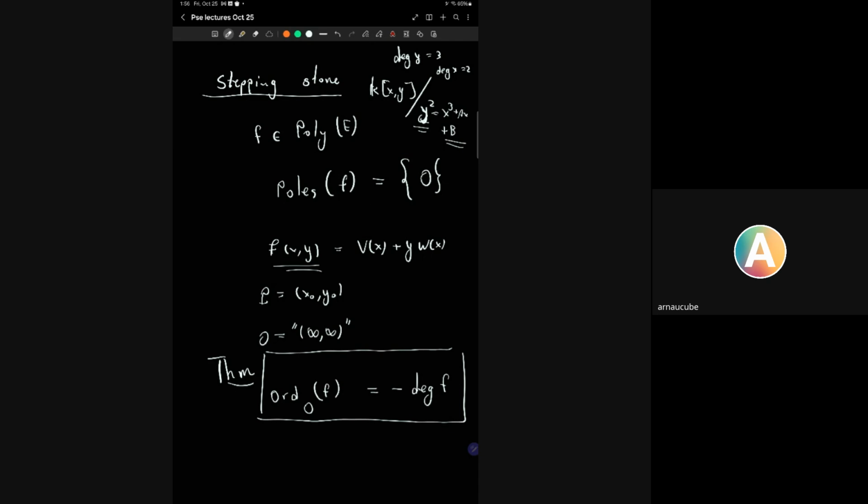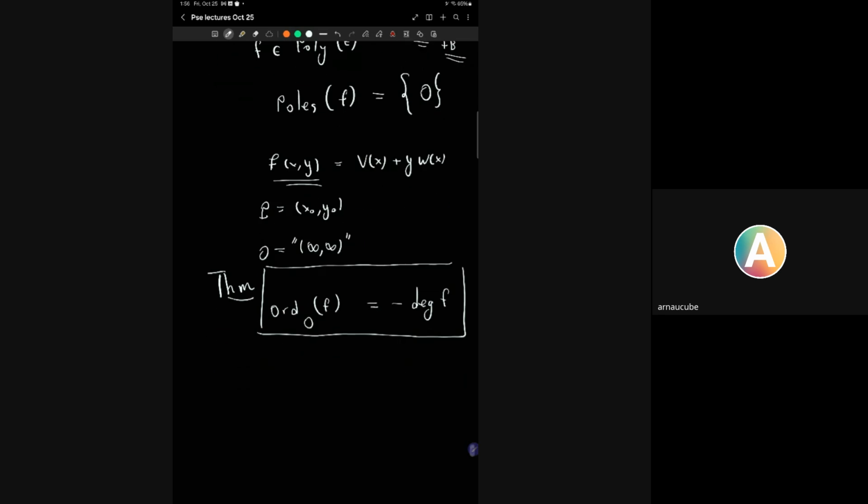And if you sum all the multiplicities of the zeros, the sum of all order of f at P, where P is a zero of f, equals the degree of f.